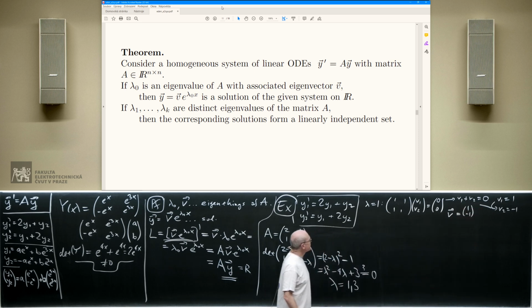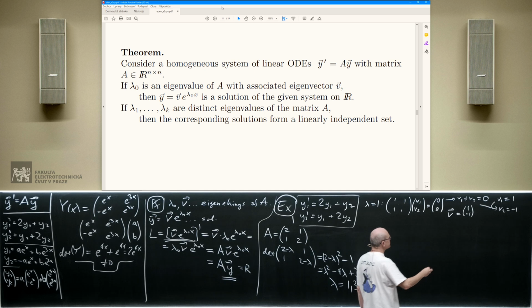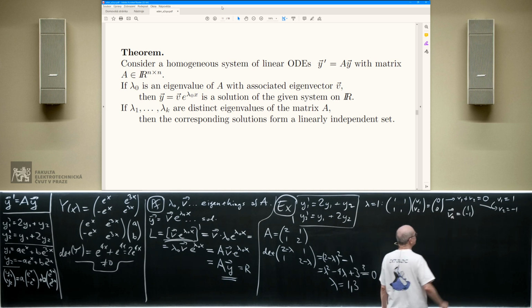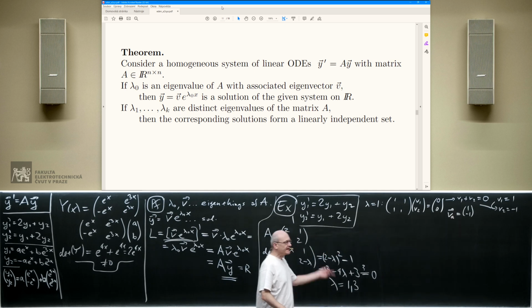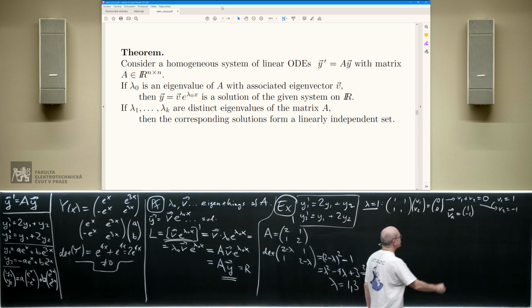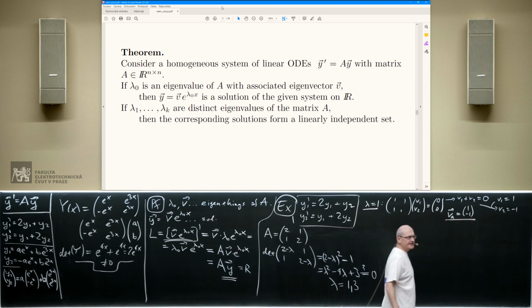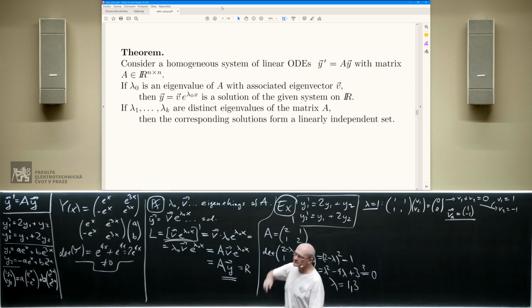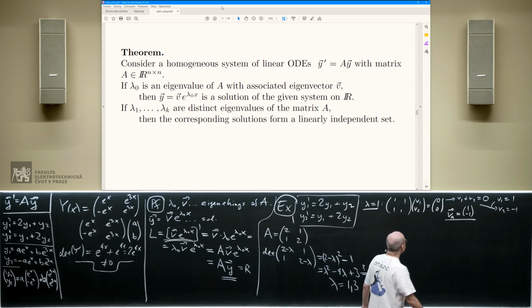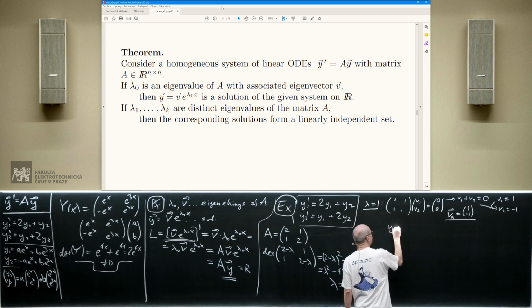And there will be several of them. Let me call it VA. You will see soon why. I actually prefer it that way. Anyway, I have eigenvalue, which is this guy. I have eigenvector, which is this guy. And therefore, according to our theorem, we are getting the first solution into our basis. And let me call it YA.